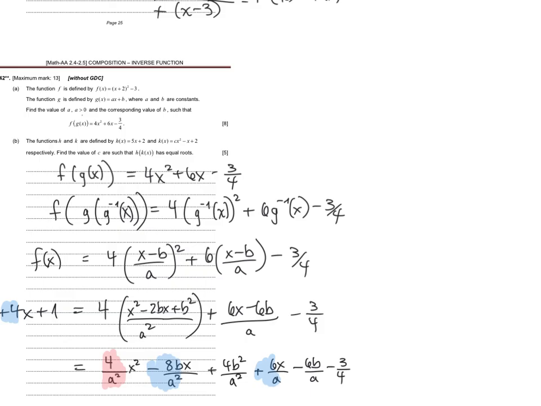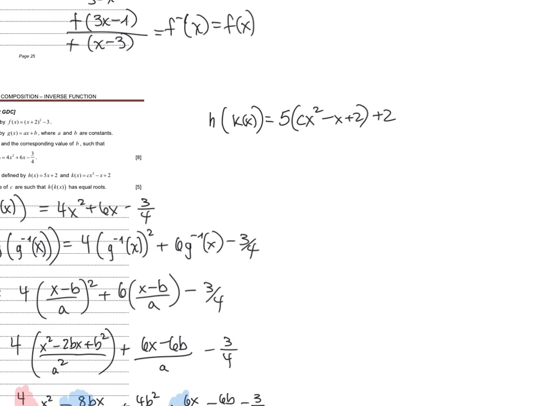The functions h and k are defined by that, respectively. Find the value of c such that h at kx has equal roots. Good question. So h at k is going to equal 5, and then we substitute in k, cx squared minus x plus 2, plus 2.